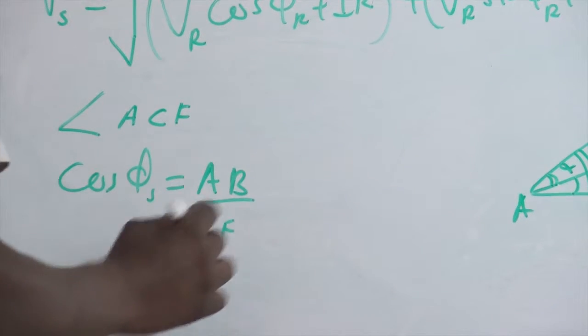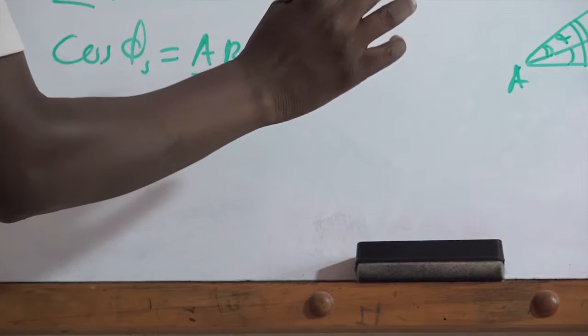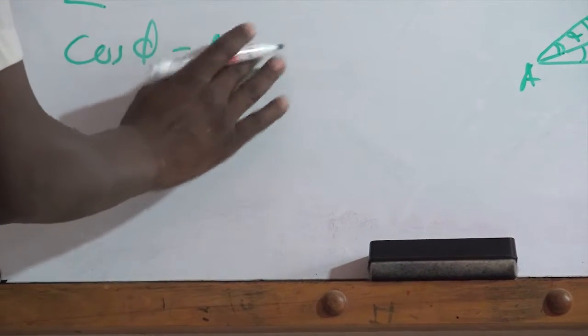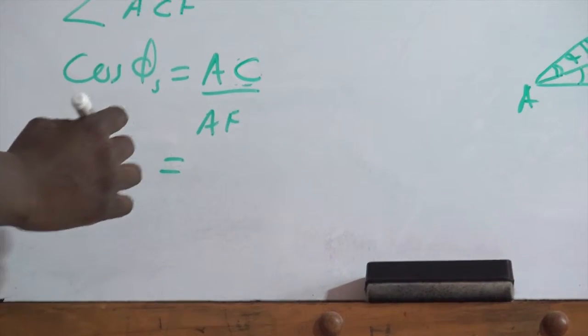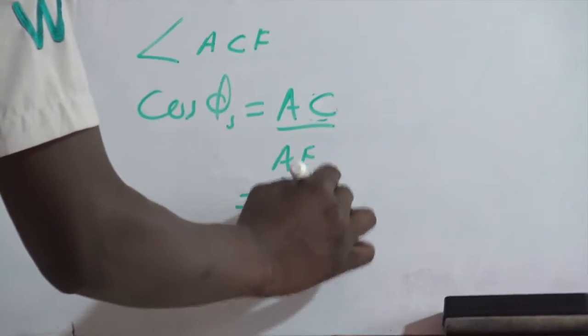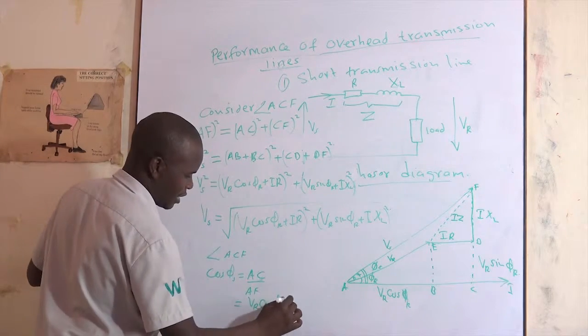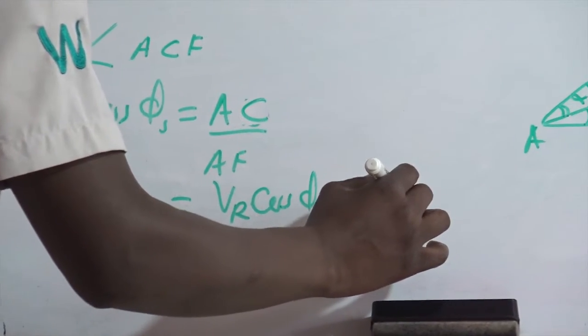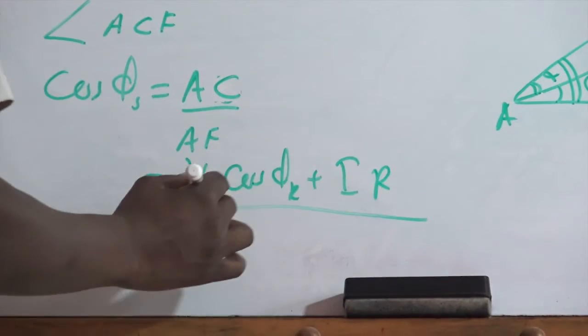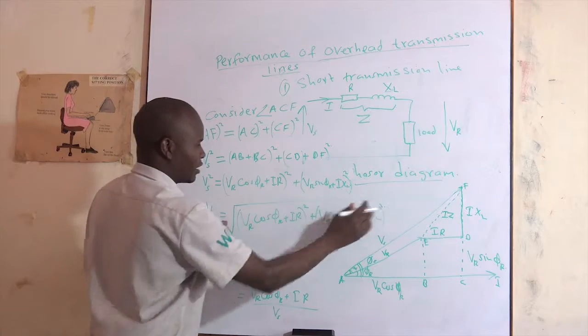Therefore, this will be equivalent to VR cos phi r plus IR, divided by VS.